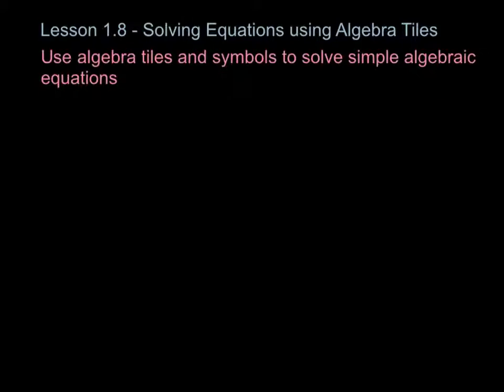If you recall from units that we've done prior, one yellow tile represents one unit, and we call this a unit tile. So we've had some experience using unit tiles and representing integers.